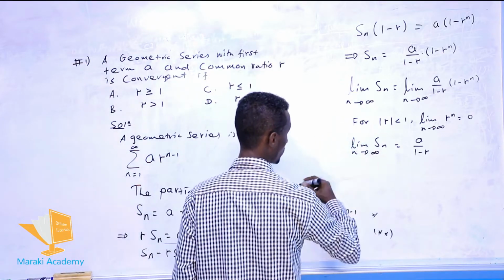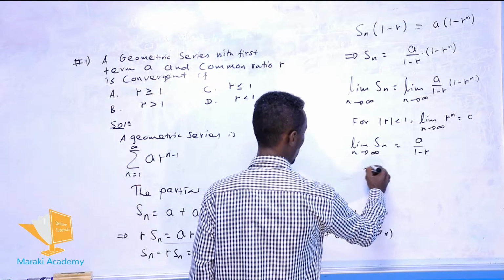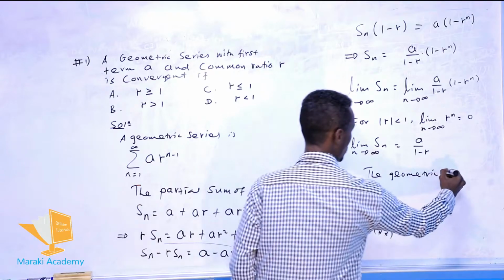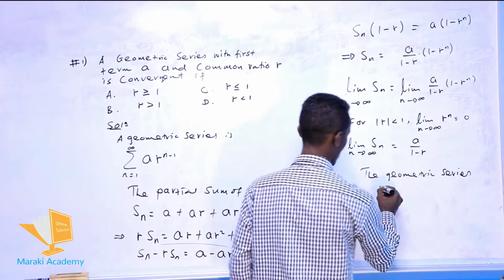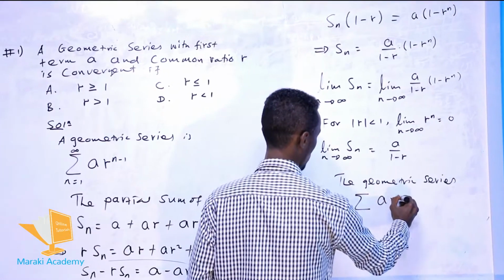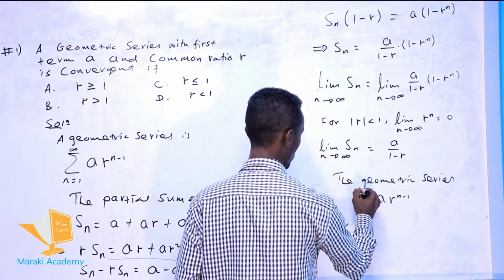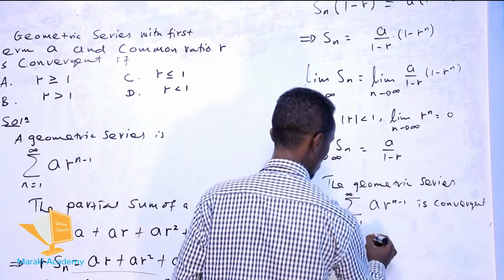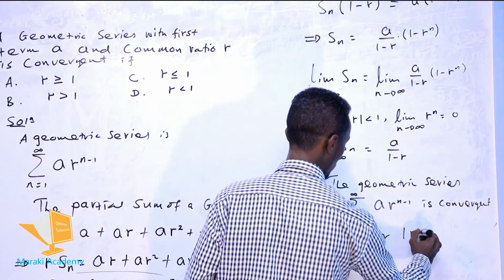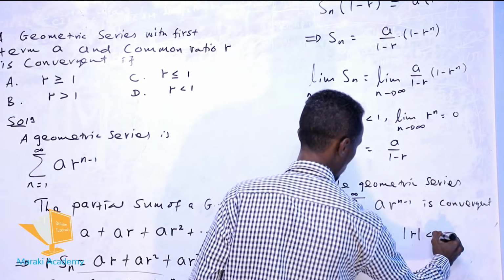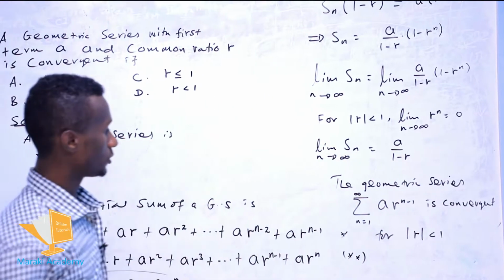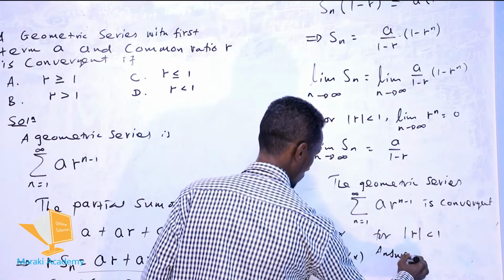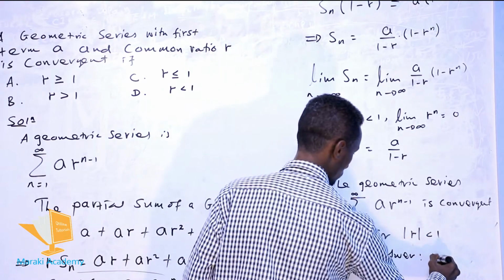Therefore, we can conclude that the geometric series, the sum from n equals 1 to infinity of a times r raised to n minus 1, is convergent when the absolute value of r is less than 1. Therefore, our answer is no.